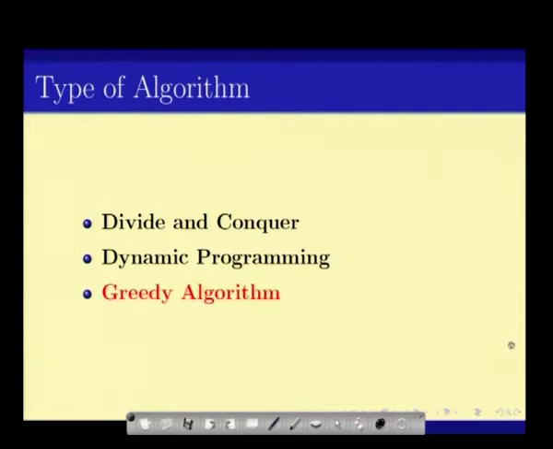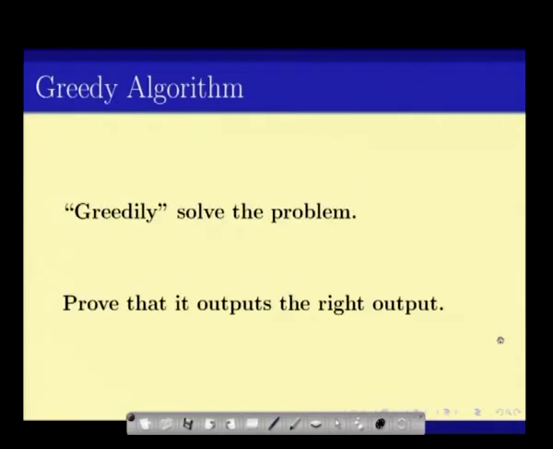In this lecture, we will see a new one called a greedy algorithm. As it suggests, a greedy algorithm basically greedily solves the problem and proves that the output is right. These algorithms are easy to write or easy to guess, but it is slightly hard to prove that the algorithm outputs the right answer.